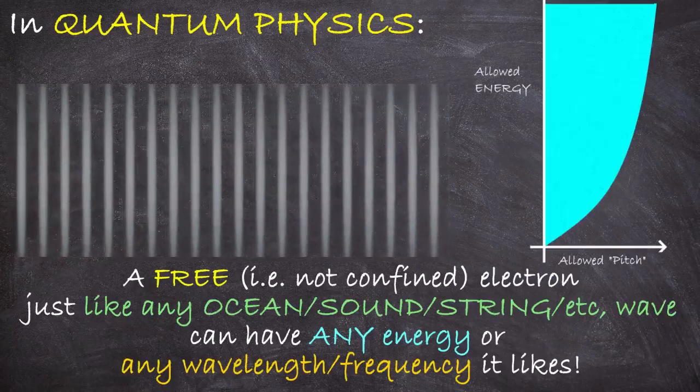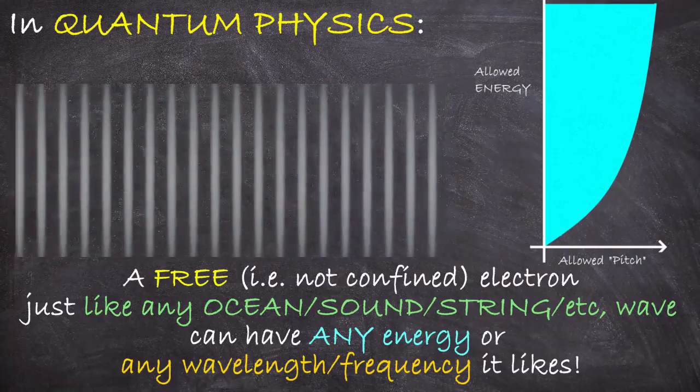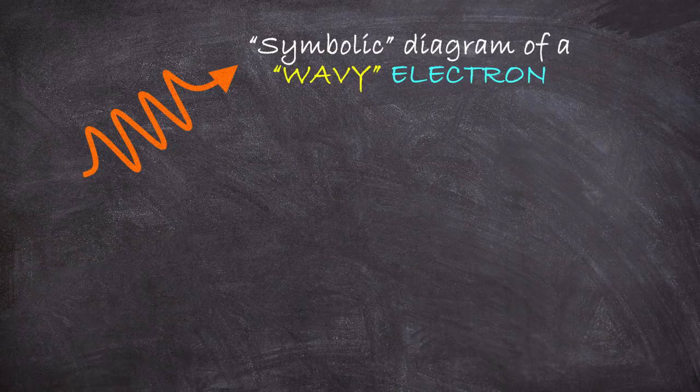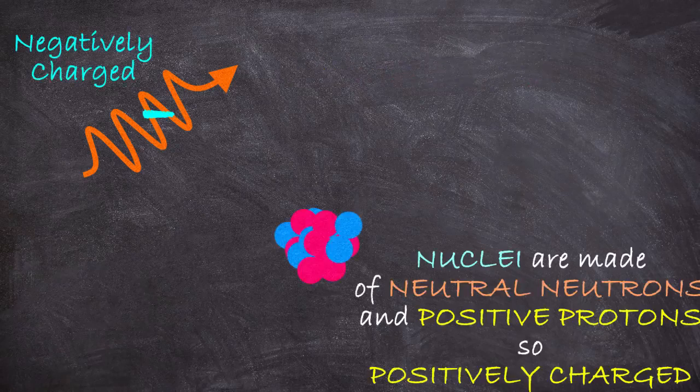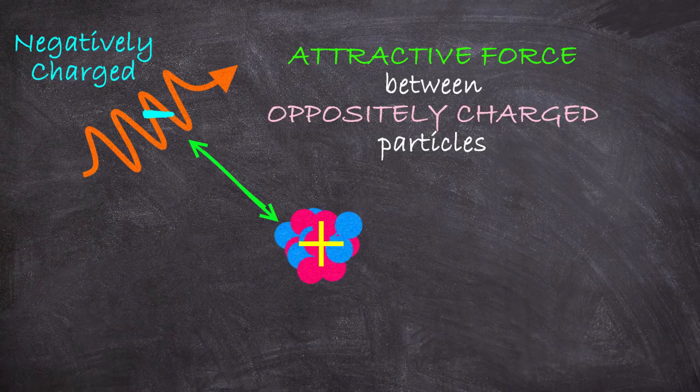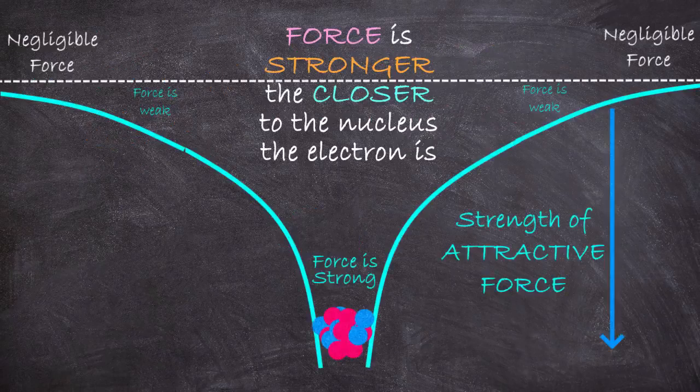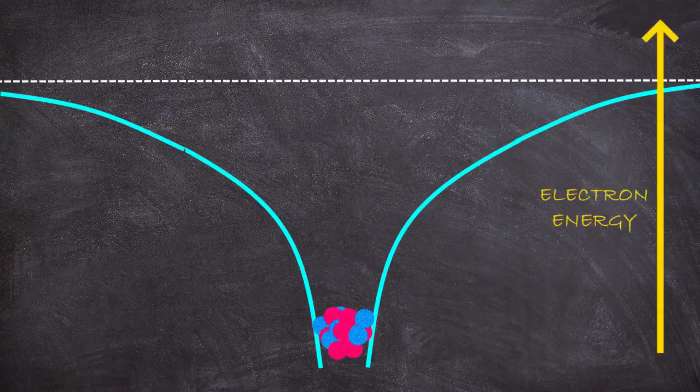A free electron, just like any free wave, can have any energy or wavelength it likes. But electrons are negatively charged particles, and protons in the atomic nuclei are positively charged particles. And, well, oppositely charged particles exert an attractive force on one another. So as a nucleus pulls on an electron electromagnetically, there are two possibilities.